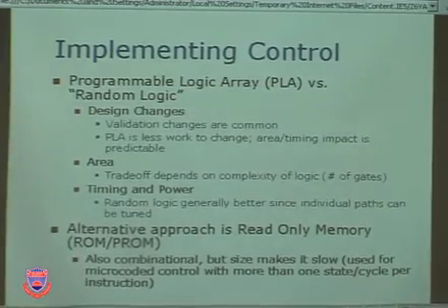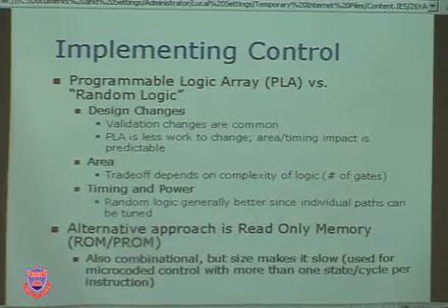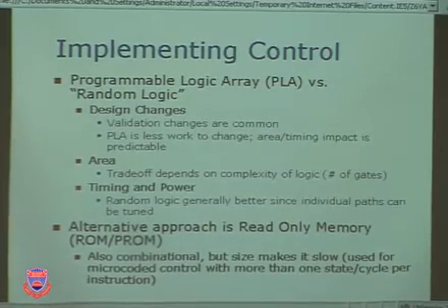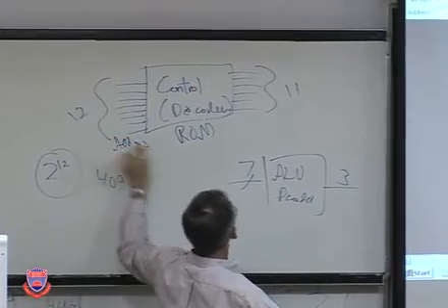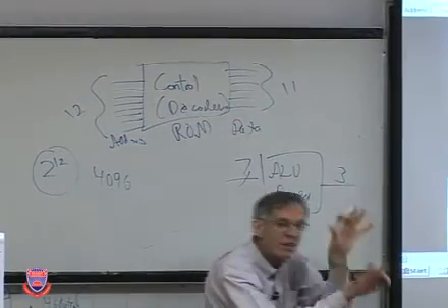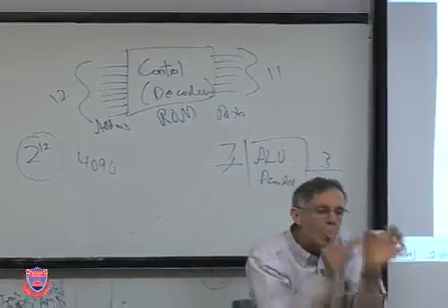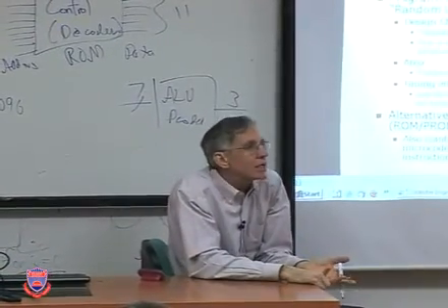Now another approach is to go with a ROM, a read-only memory. Can everybody see that? These are the inputs. These are the outputs. If I call this ROM, then you might call these 12 bits the address, and these 11 bits out the data. So a ROM with a fixed pattern of what's stored at every given address would do this job very nicely. A ROM is a combinational circuit.